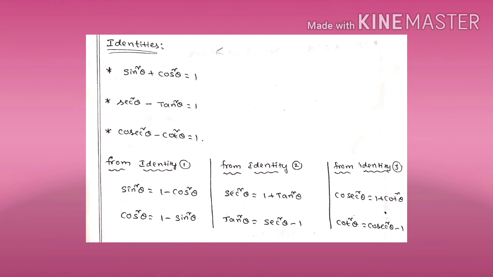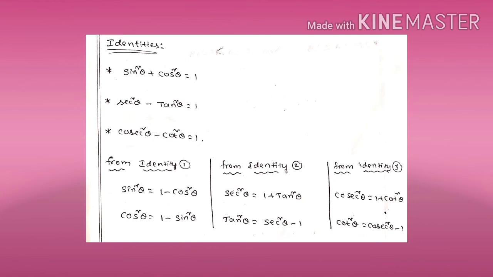From the first identity, sin square theta is equal to 1 minus cos square theta, and cos square theta is equal to 1 minus sin square theta. Now the second one, secant square theta is equal to 1 plus tan square theta, and tan square theta is equal to secant square theta minus 1. These two come from the second identity by transposing the terms.